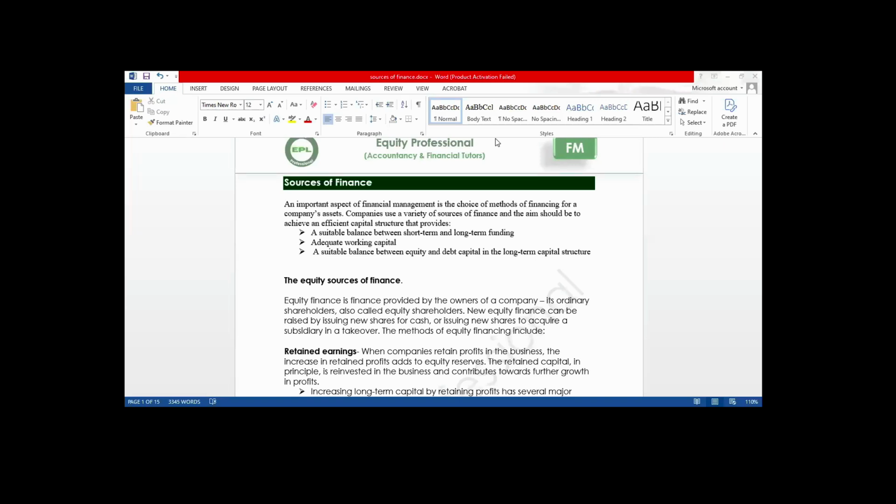That means as a finance student, or as a finance professional, or as a finance manager, you must understand how a company can source finance.